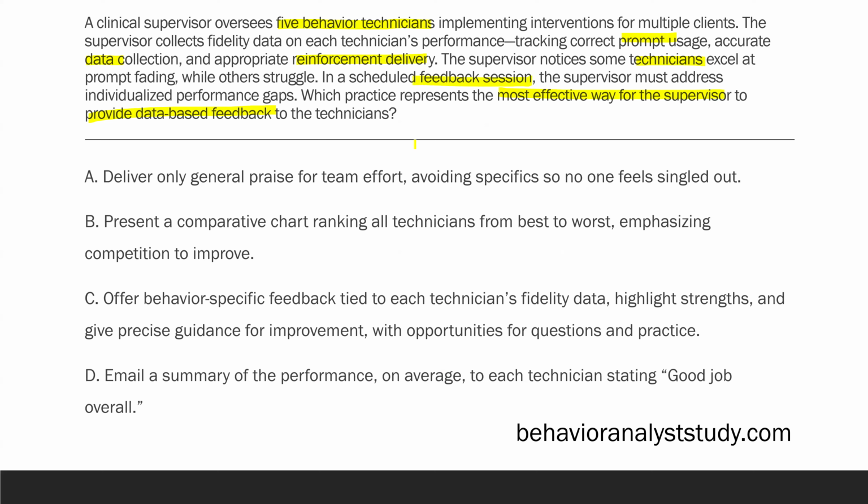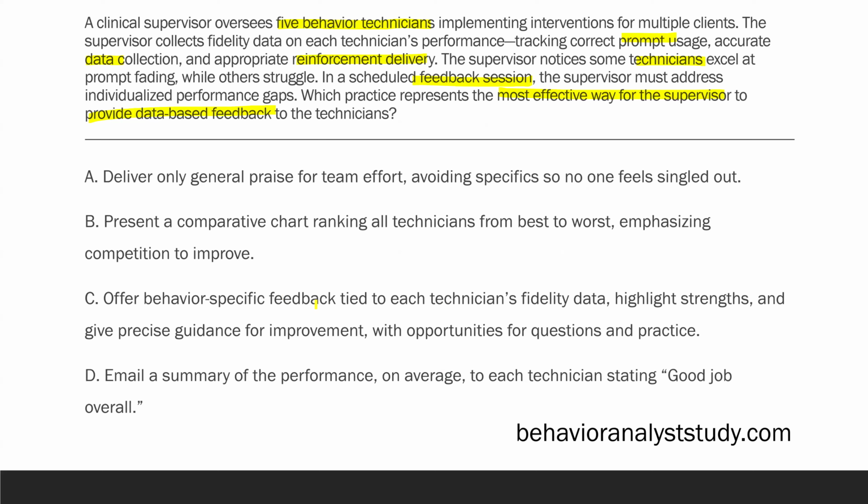You've got to take that data you collected and use it in your feedback to give that individualized, corrective, constructive criticism. B, present a comparative chart ranking all technicians from best to worst, emphasizing competition to improve. B goes the other way. Yes, now everyone knows where they stand, but now you've pitted them against each other. We're supposed to be a team. You don't want to sow discontent amongst your team.